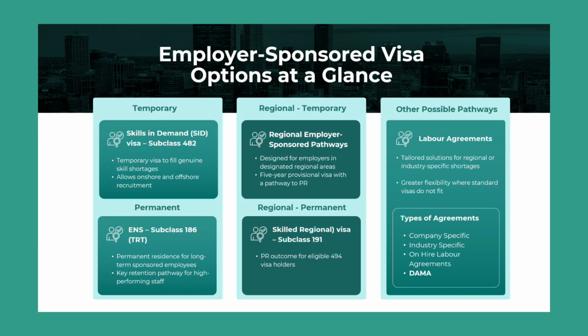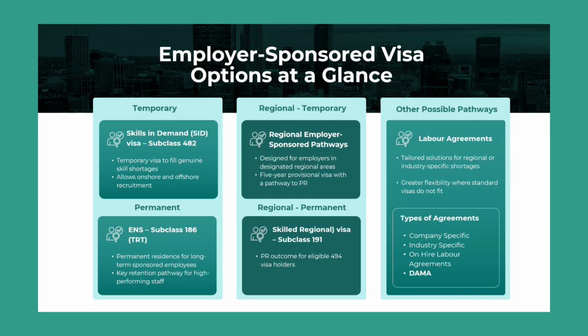But the employer requires the same standard business sponsorship and the same nomination. In fact, under the 494, there is a requirement to seek a regional certifying body's approval. So that's very important.